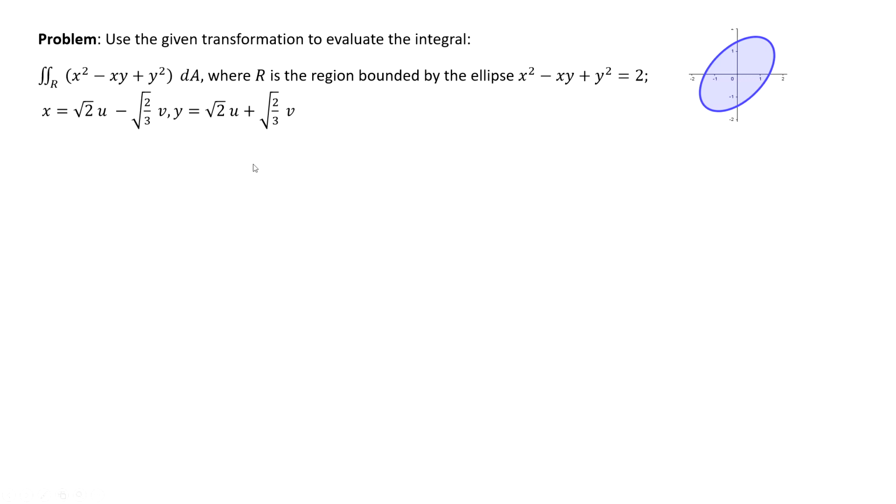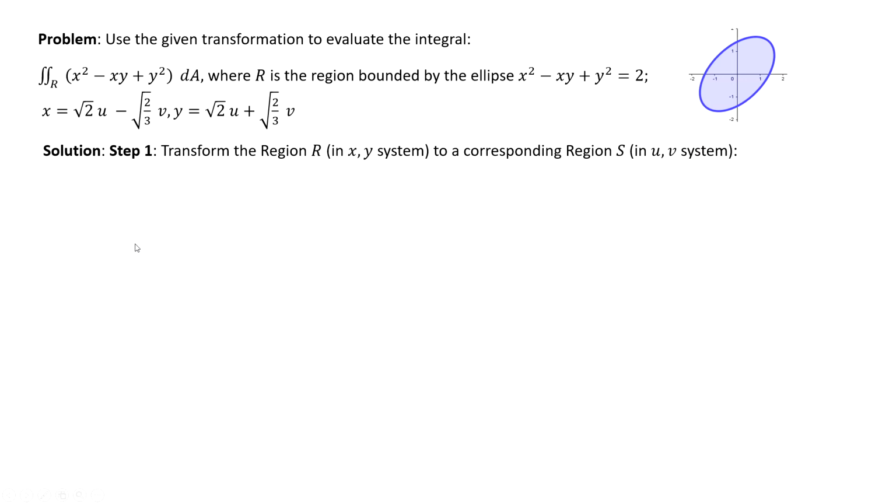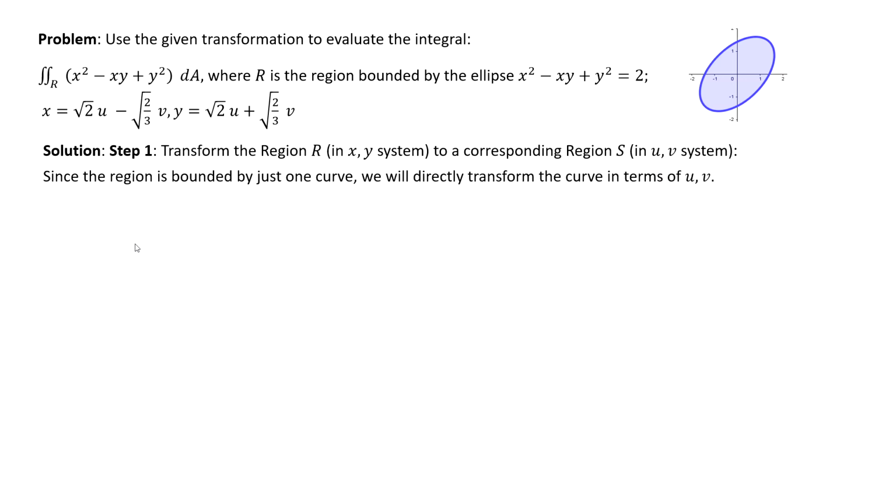So first order of business is what? Step 1 was what? Convert the region R into a region S, right? So, in the UV system. Good. Now, notice our region is just bounded by one single curve, an elliptic curve. Okay? So we'll directly transform that curve. We'll say, this guy, what happens to this guy in terms of u and v?